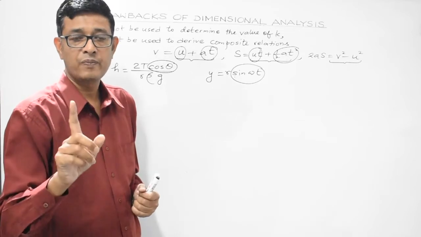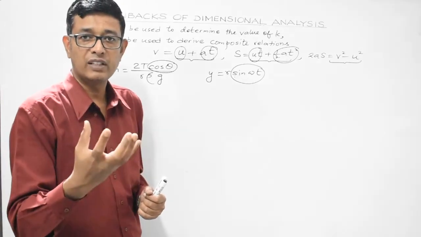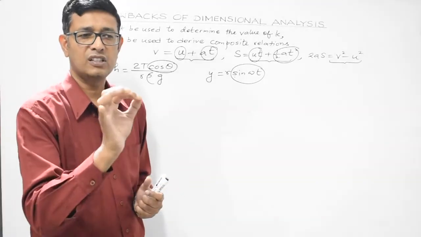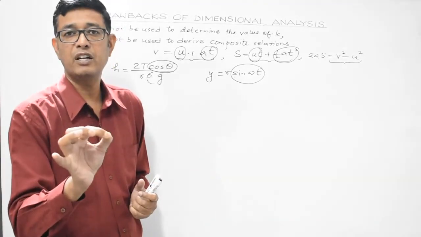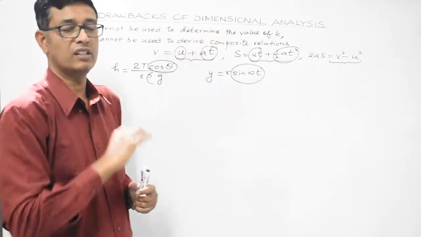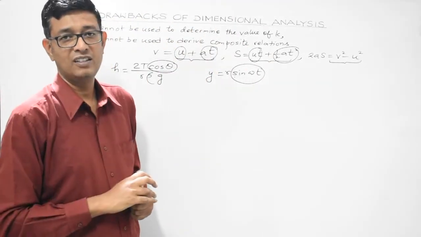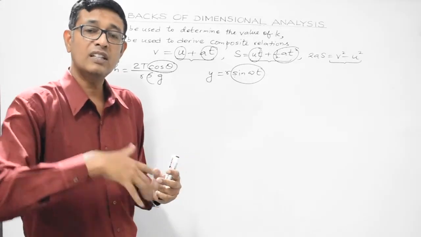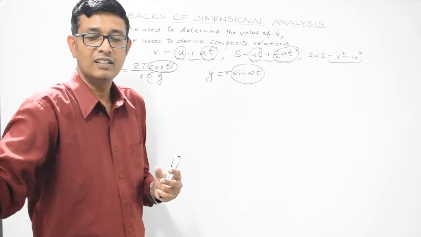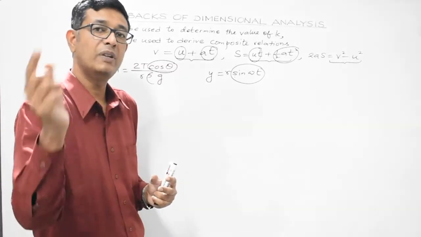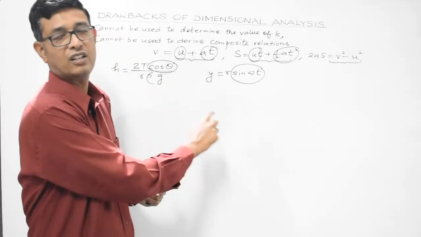I repeat, for dimensional analysis to derive a relationship between various physical quantities, a physical quantity can be dependent on at most 3 other physical quantities, not more than 3. In case a physical quantity depends on more than 3 other physical quantities, then such a relationship can't be determined using dimensional analysis.